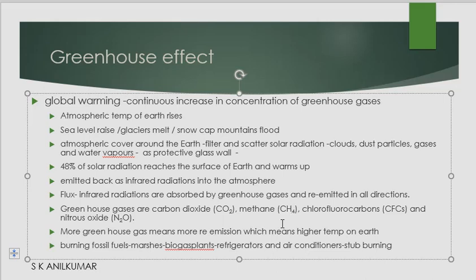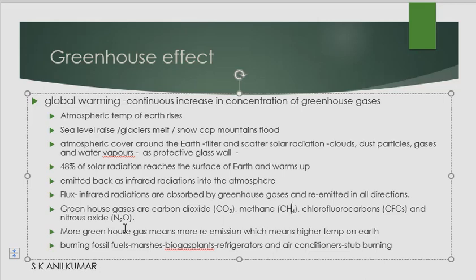N2O means two atoms of nitrogen and one atom of oxygen combined together to form one molecule of nitrous oxide. That is how we write. The elements have a symbol, the compounds have a formula, a molecular formula. So these are the greenhouse gases: carbon dioxide, methane, chlorofluorocarbon and nitrous oxide.